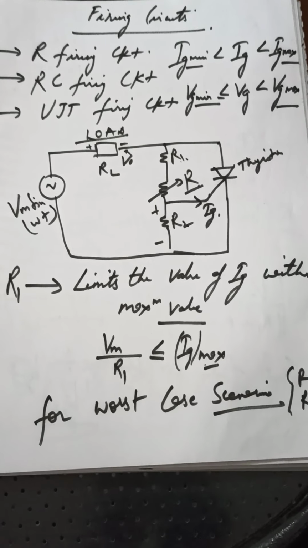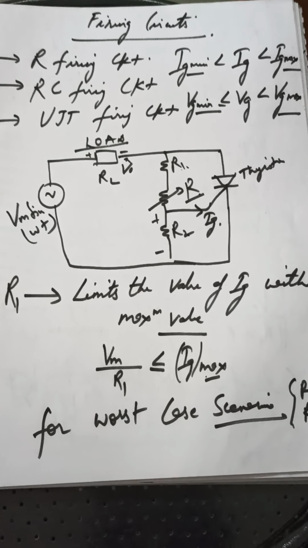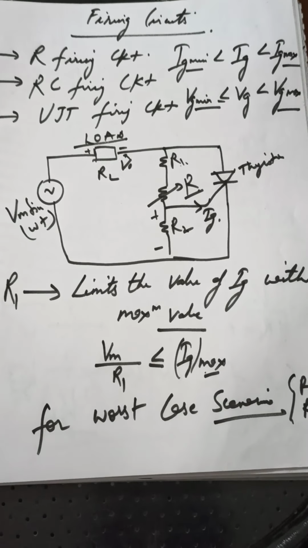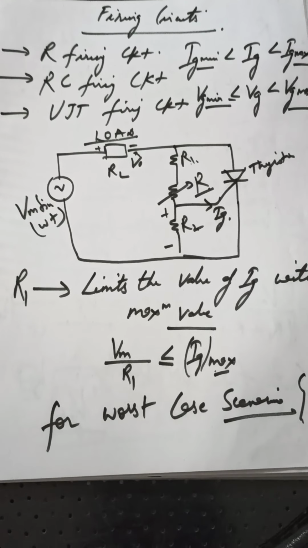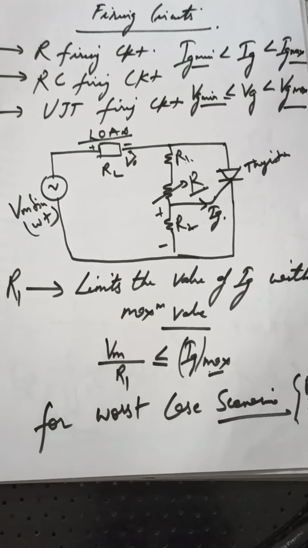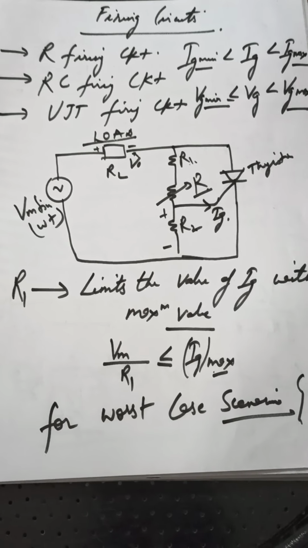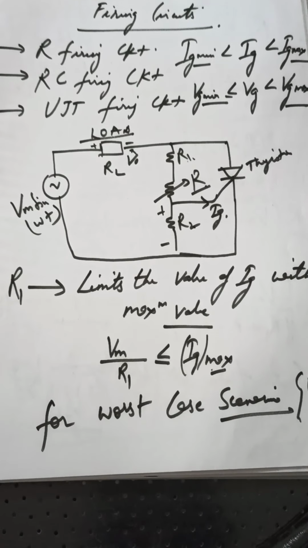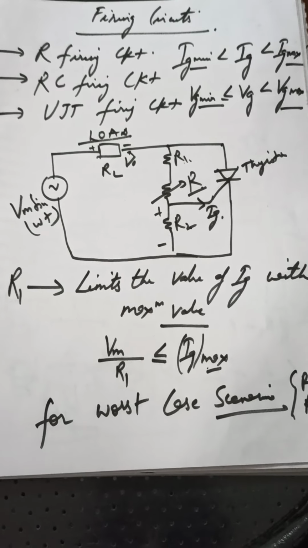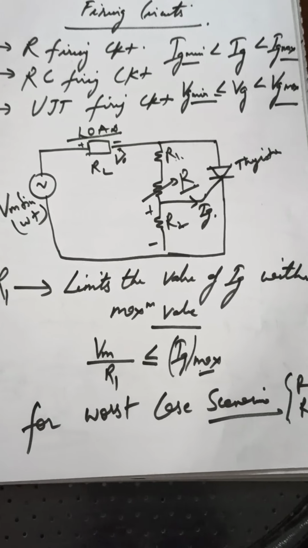Now have a look at this. The thyristor is connected across R2. Again, by basic understanding of circuit theory, we can conclude that the voltage appearing across R2 will act as the gate terminal voltage.